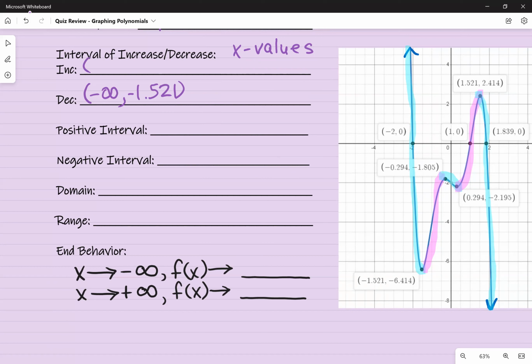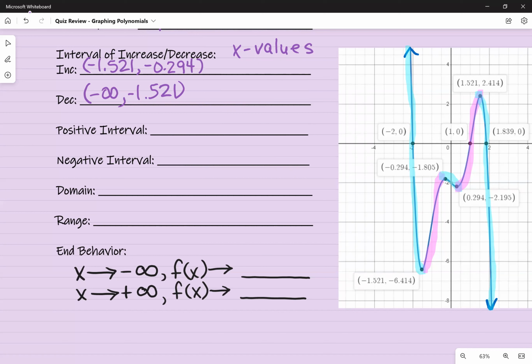So we increased. So I'm going to use that same number, negative 1.521. And I kept going until I got to negative 0.294. So right here. And now I have to pick up from there and I'm going down.